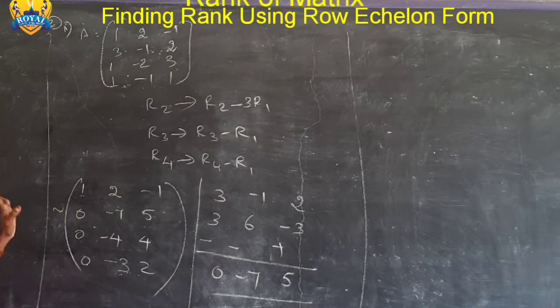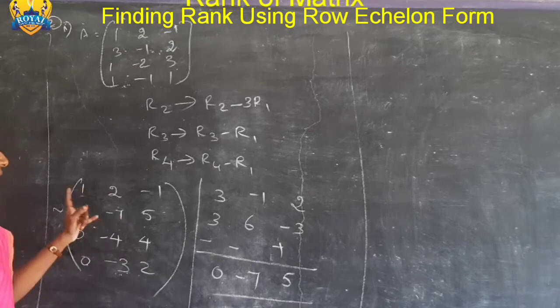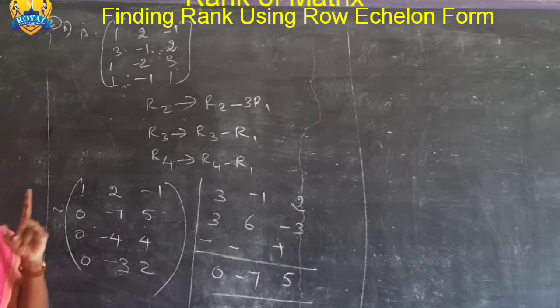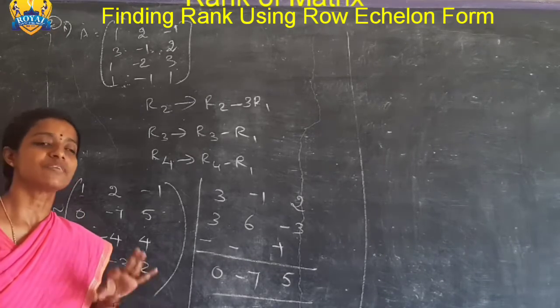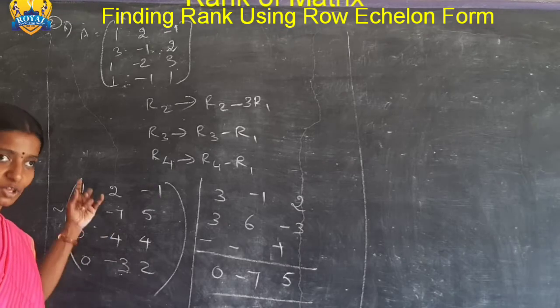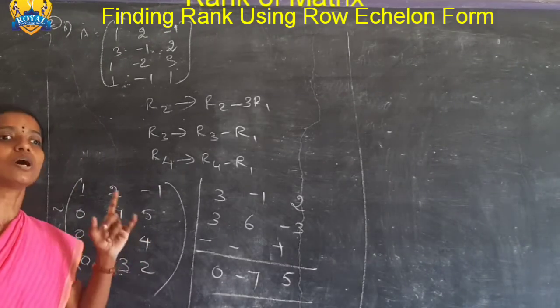Now listen, the foremost important thing here is I have my first row, first element as 1. If I go on with the alterations of R2, R3, R4, anything with 1, automatically my zeros become non-zero elements.